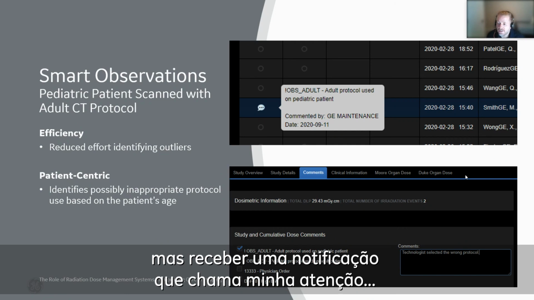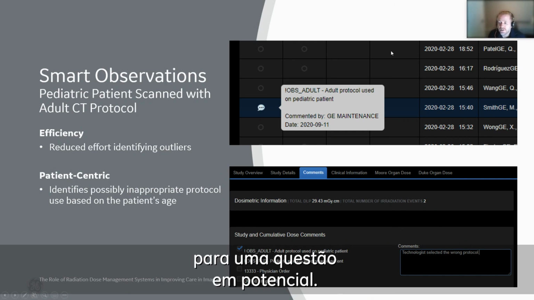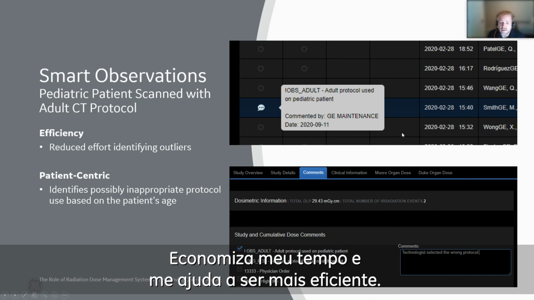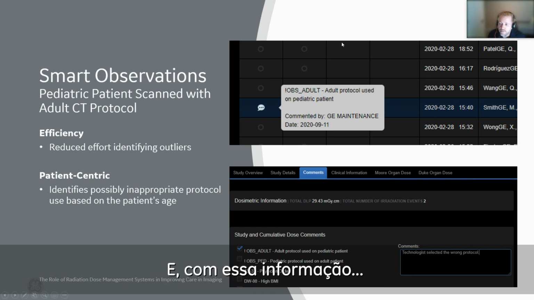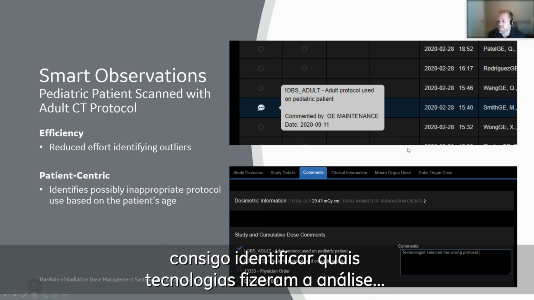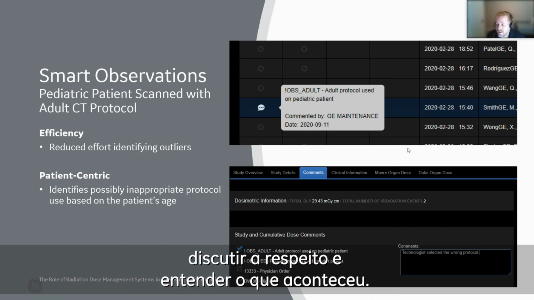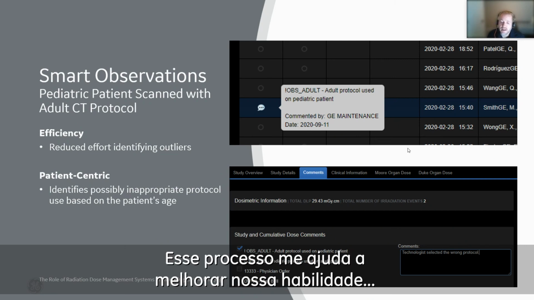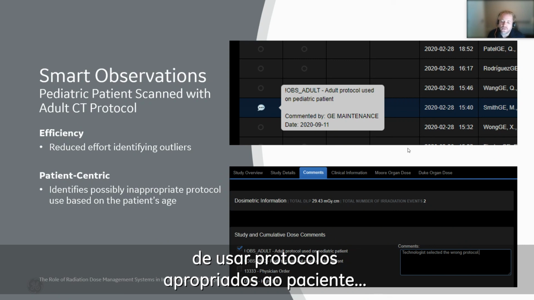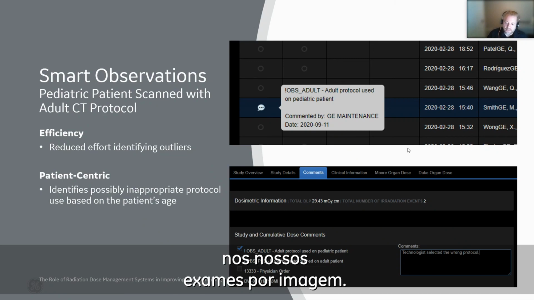I just get a notification that, look, this may be an issue, something you want to pay attention to. Saves me time, helps me be more efficient, and with this information, I can identify which technologist did it, right? And talk with them about it and understand why it happened. And through that process, improve our ability to use patient-appropriate protocols in our imaging practice.